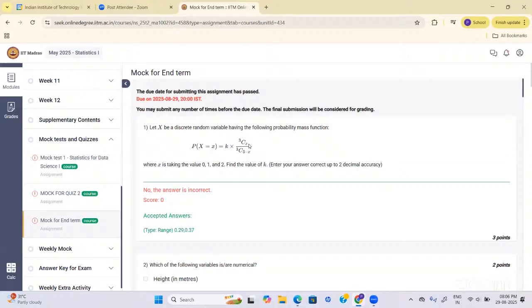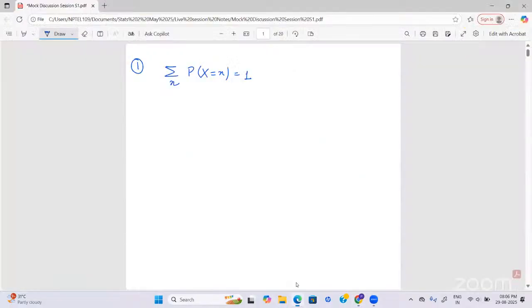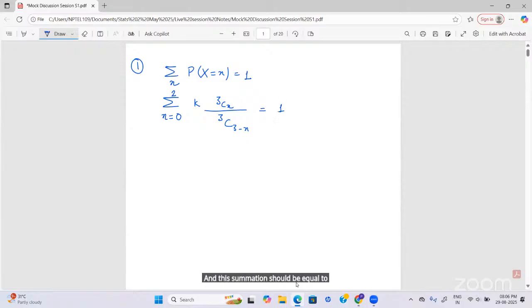Okay, so the PMF is given, it is k times 3cx divided by 3c 3 minus x. So here x is going from 0 and going up to 2. And this summation should be equal to 1 according to the property of PMF. Okay.